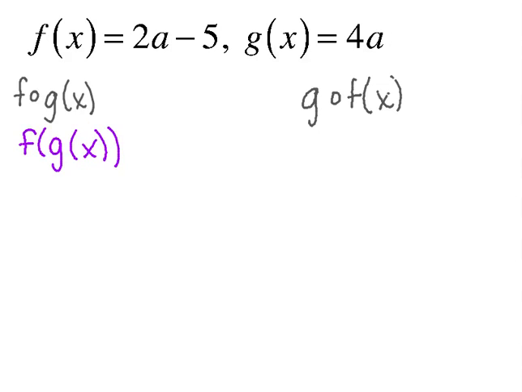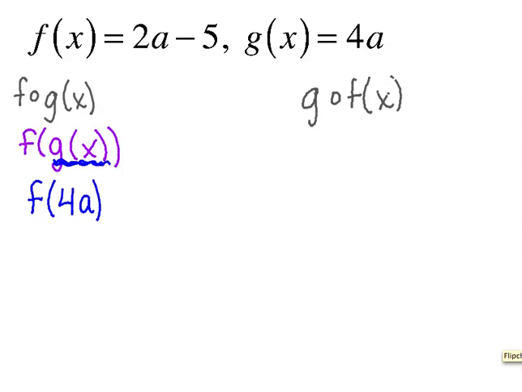As we did on the problem before, we focus in on the parentheses. So what is g of x? 4a. I'm going to put 4a in the parentheses right there. You actually did this on the last test.